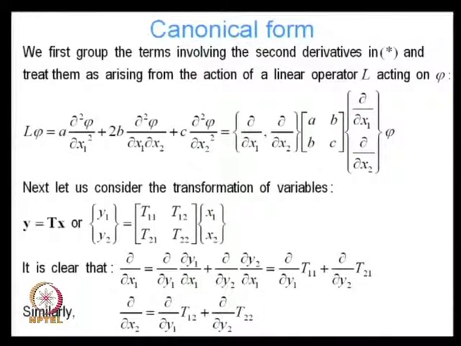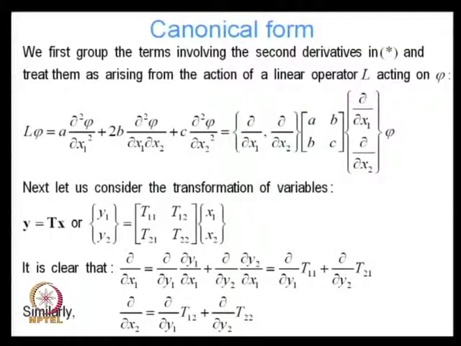Let us just think of it as a transformation from x1 x2 to y1 y2. It is clear that using the chain rule, del del x1 is equal to del del y1 del y1 del x1 plus del del y2 del y2 del x1.